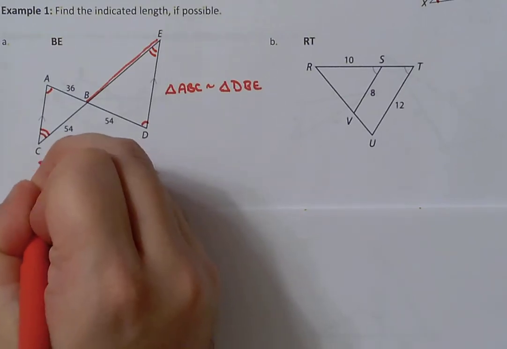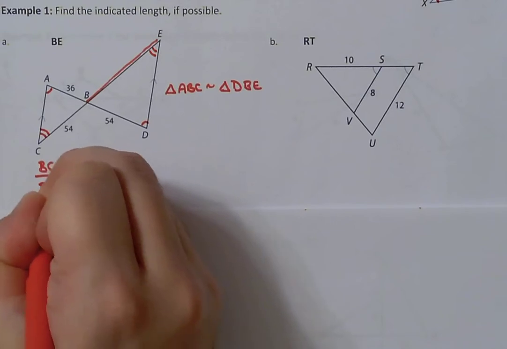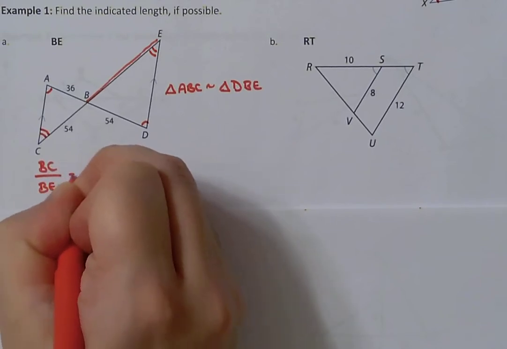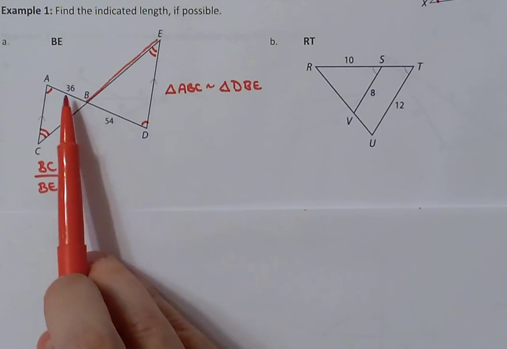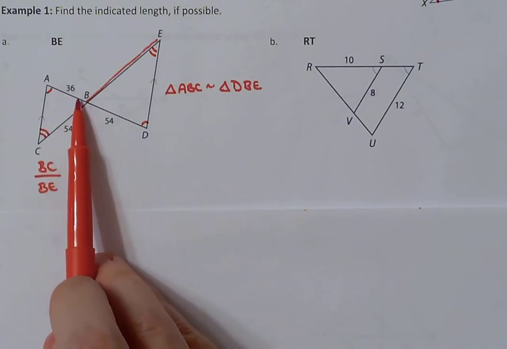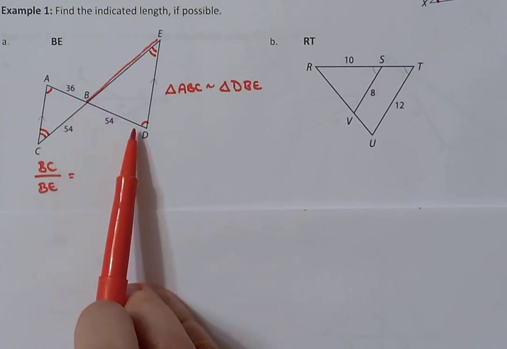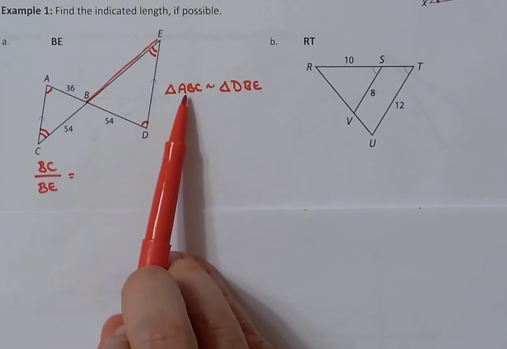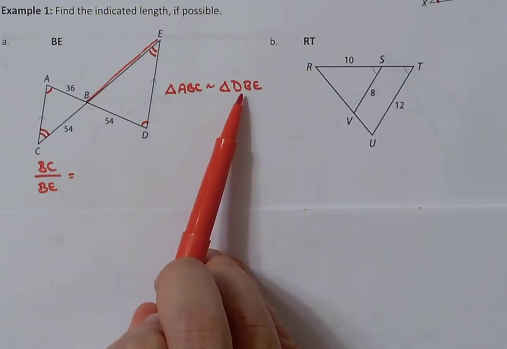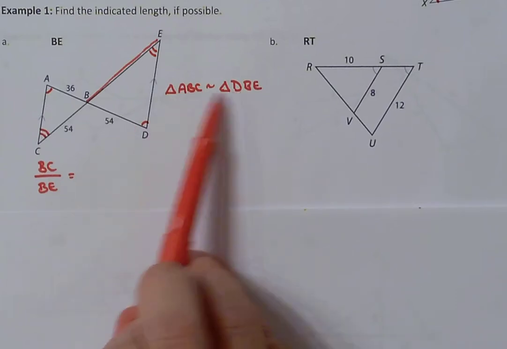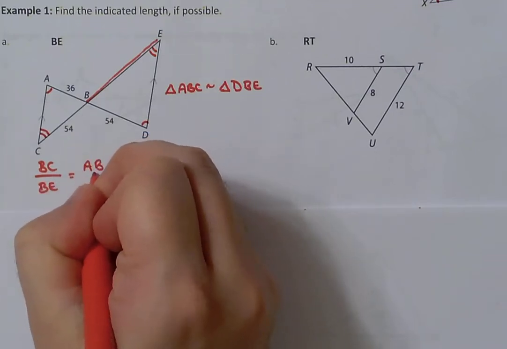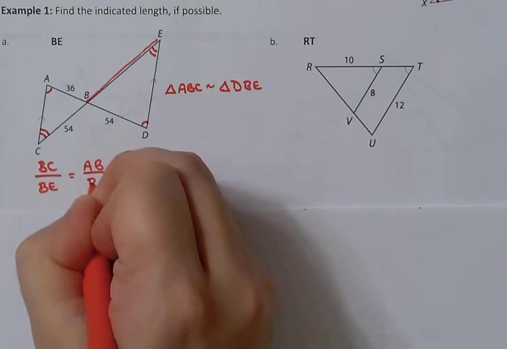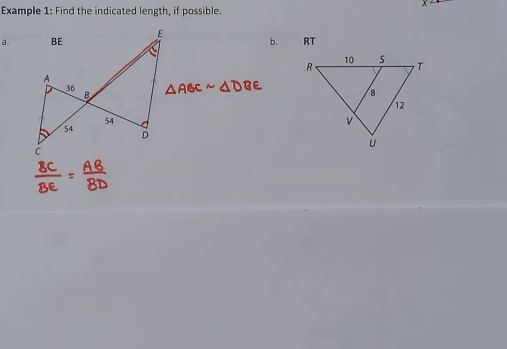We're going to set up a proportion of BC over BE equals, and then we're given that AB is 36 and BD is 54. AB and BD are both the first two letters in each statement, so we set this equal to AB over BD. So I now have my proportion.